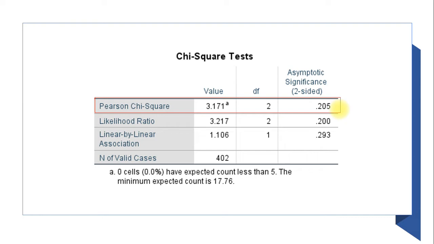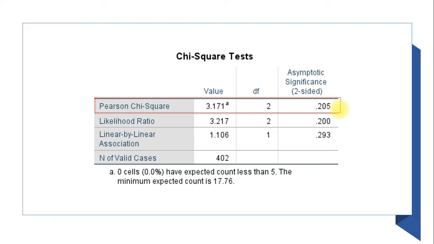So when your calculated p-value is greater than the alpha value, which is the 5% significance level, this means that you cannot reject the null hypothesis. And what is the null? The null hypothesis says there is no association between gender and the smoking habit.